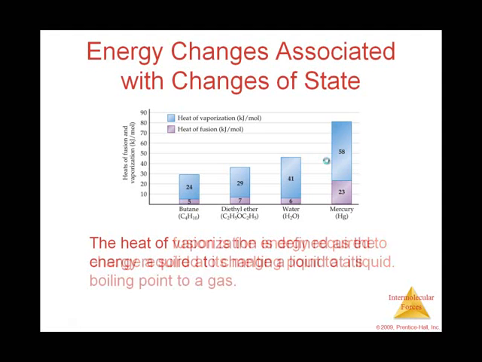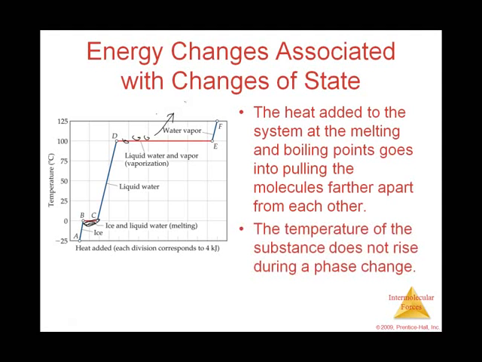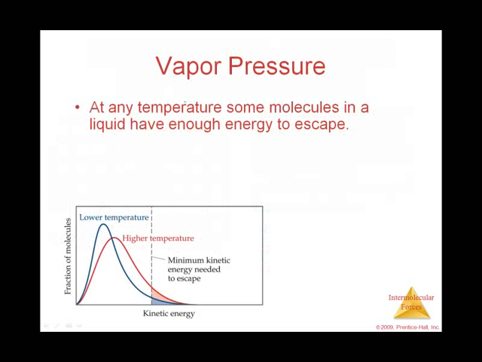Okay? So heat of vaporization is the energy required to change a liquid at its boiling point to a gas, right? So the heat added to a system at the melting point and boiling point is pulling apart the attractions, right? Okay, it takes more energy to do that. So the temperature of a substance doesn't change during a phase change.